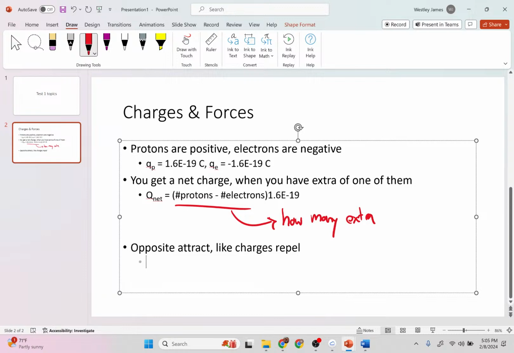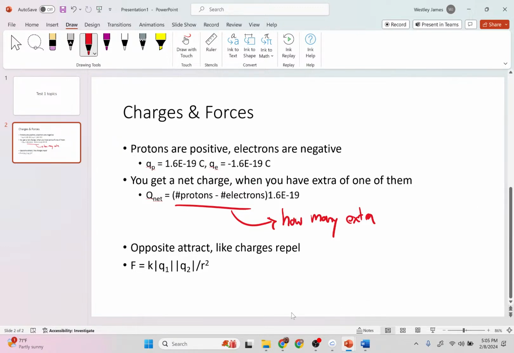And Coulomb came along and came up with that nice equation, F equals K, absolute value of Q1, absolute value of Q2, divided by the distance squared. Do not forget to square the distance when finding force.